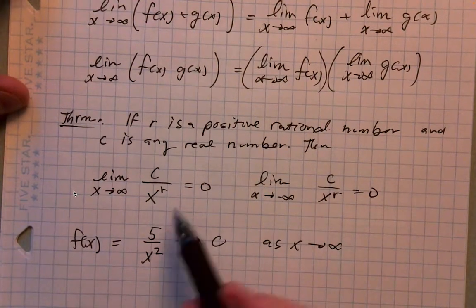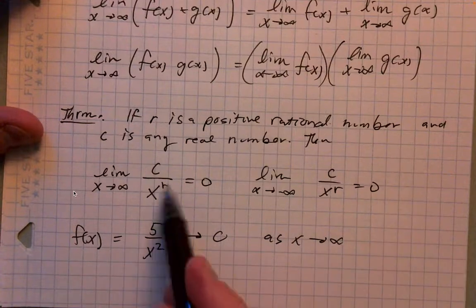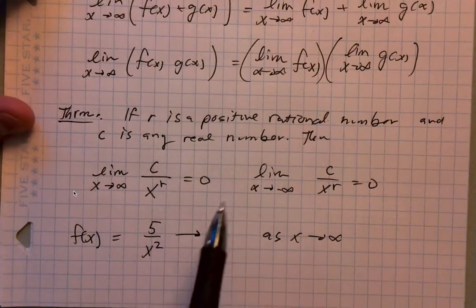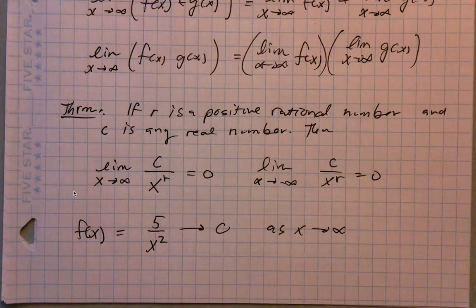Okay, so hopefully that's really intuitive, and of course, the exponent r can be a rational number, properly speaking, as well, not a whole number like 2, but like 3/5 or 7 halves, whatever it happens to be.